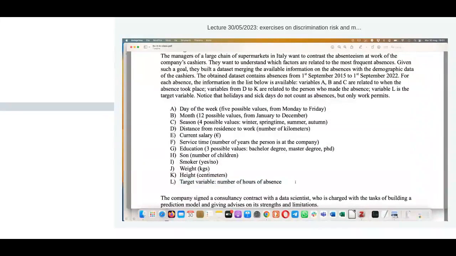This was taken from a public dataset that has exactly these variables. It is on Kaggle. The goal is the same, predict absenteeism.